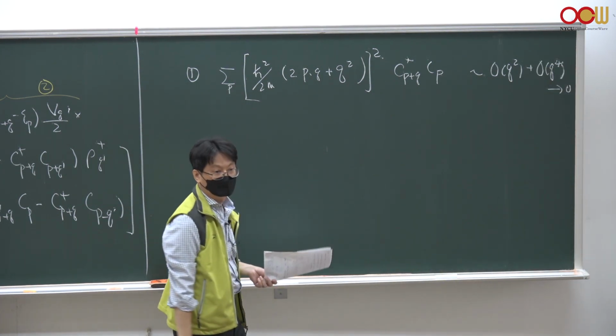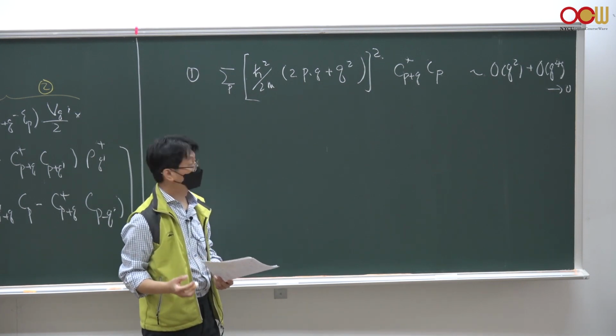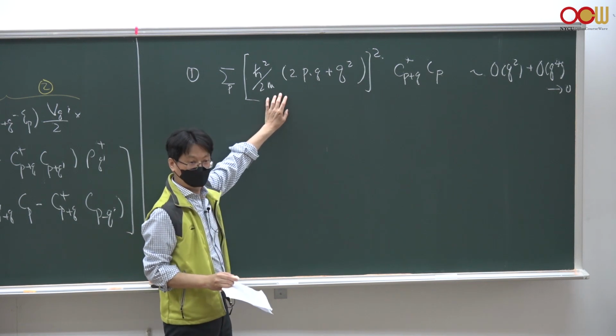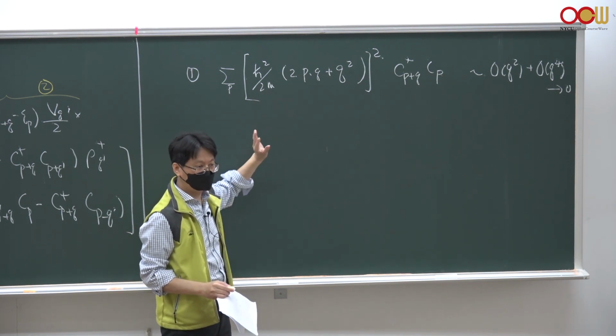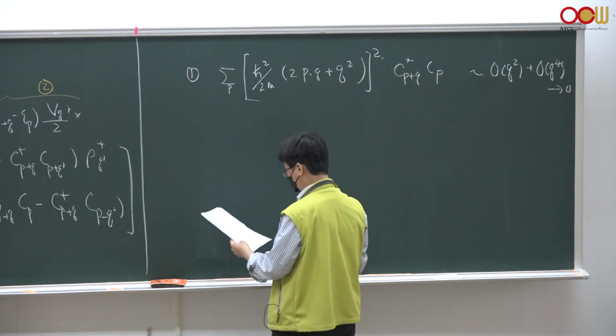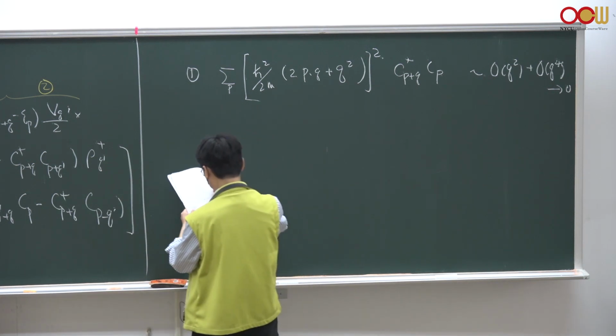We know that in this small momentum transfer limit, Q goes to 0, and so this term is really tiny. We try to neglect this term, but we need to explicitly write down the condition under which we can do that.